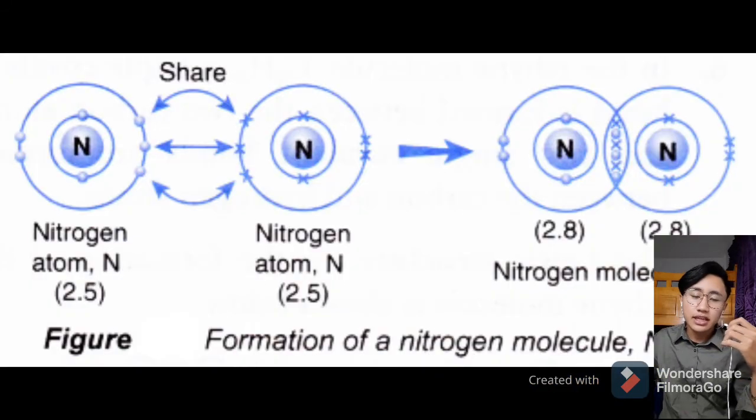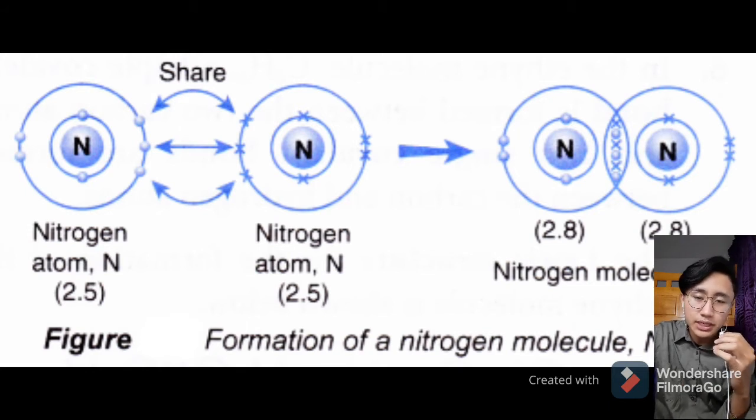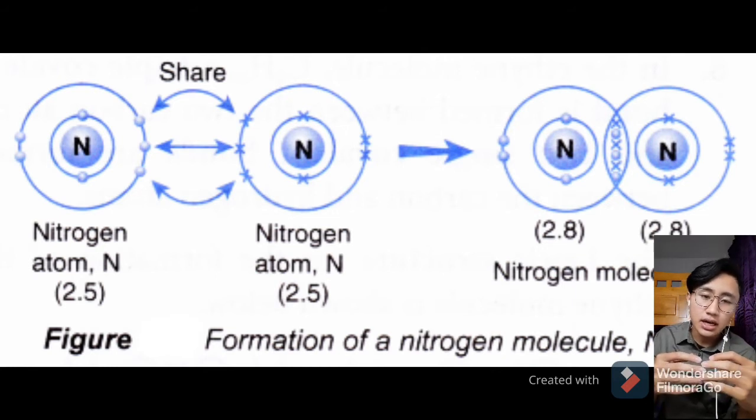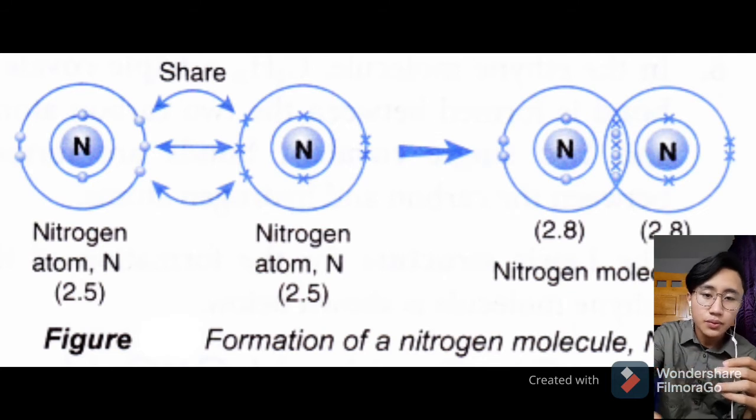Next is the chemical bond of nitrogen. First, we have the formation of a nitrogen molecule. We can see a nitrogen atom will share 3 electrons with another nitrogen atom, so 6 electrons are shared, and that will complete the reaction.